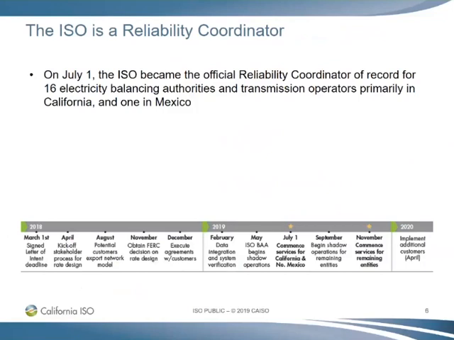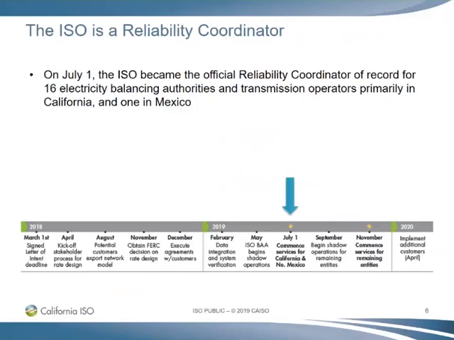It culminates work the ISO began in January 2018 to become a reliability coordinator for entities within its footprint and to offer the service to all balancing authorities and transmission operators in the West. The series of milestones are listed at the bottom of this slide.